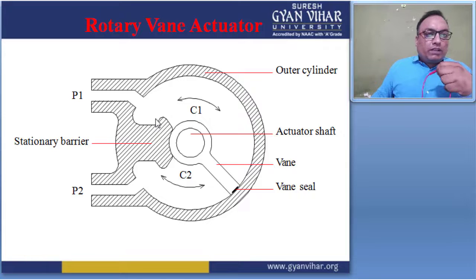There are two pressurization liquids, one for the forward stroke and another for the reverse stroke. So this is the P1 port, this is port one, and this is the second port.